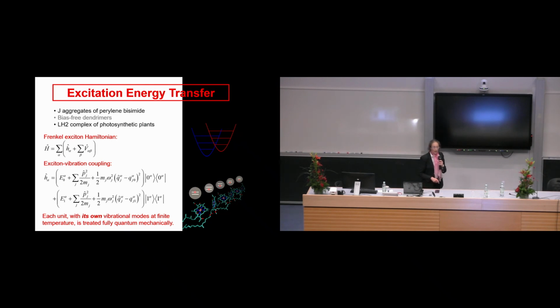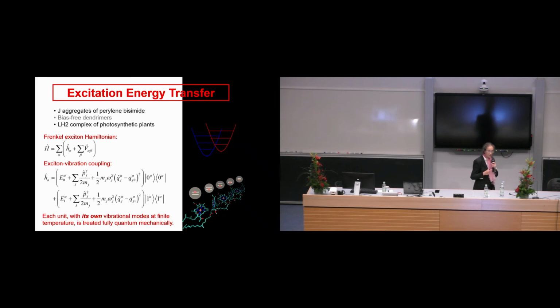So let's get to excitation energy transfer in molecules. I'm going to look at aggregates, such as J aggregates, for instance, stacked molecules, and specifically of perylene bisimide. Also, we're going to talk about light harvesting systems. I'm going to start with the Frenkel exciton Hamiltonian, where I have the single excitation subspace. The electronic states are coupled, and one unit of excitation is allowed on the whole complex.